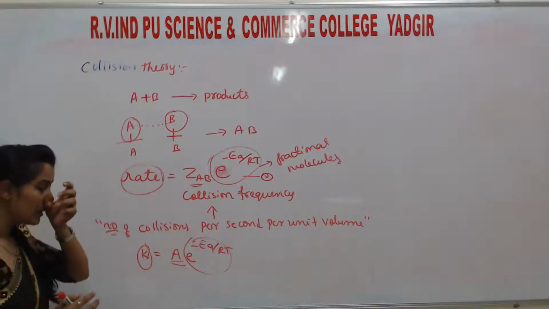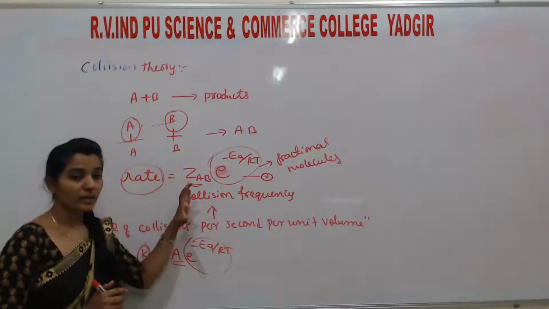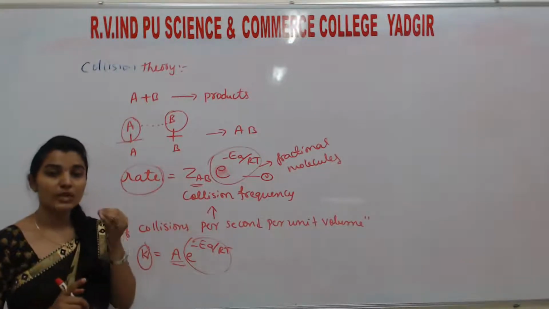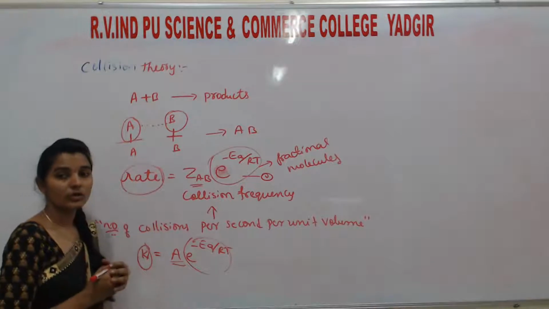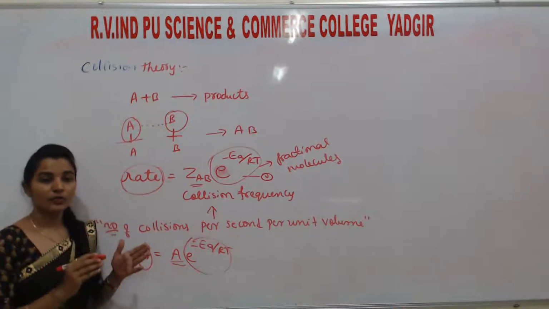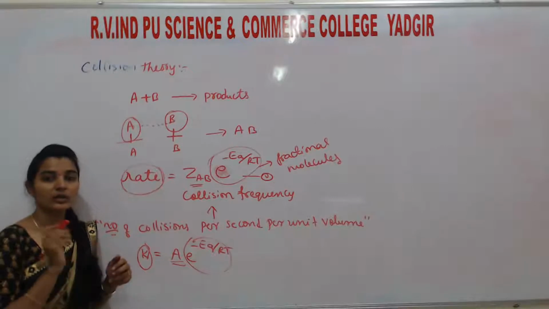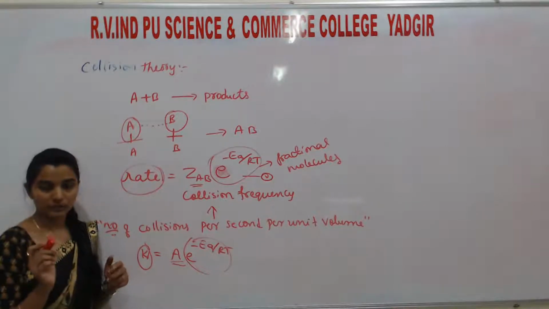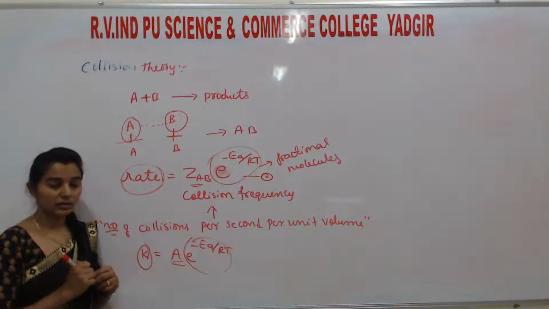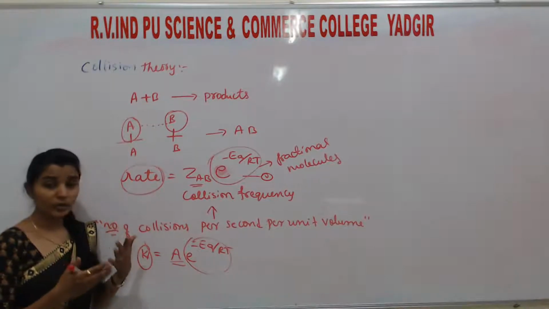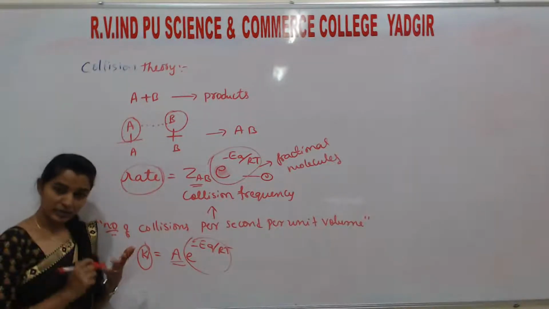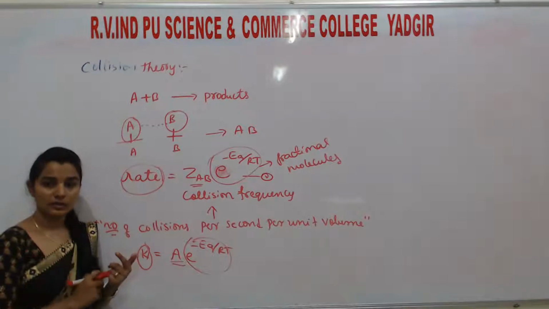In this collision theory, students, the reacting molecules should possess a minimum or sufficient amount of kinetic energy to form products. That kinetic energy is called threshold energy. To undergo effective collision, it requires activation energy as well as threshold energy.